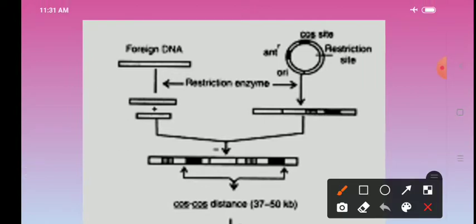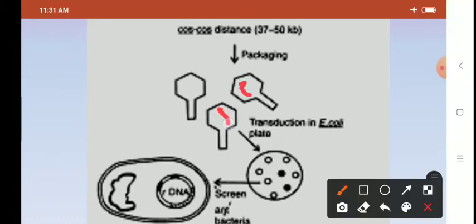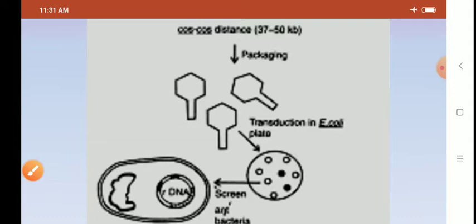So you can see here we have foreign DNA fragments, we have a cosmid, then the foreign DNA fragments are inserted inside the cosmid vector, okay, and then they are packaged into phage heads, and they are allowed to infect E. coli cells. Upon infection, the E. coli cell will not be lysed because viral proteins are not produced.